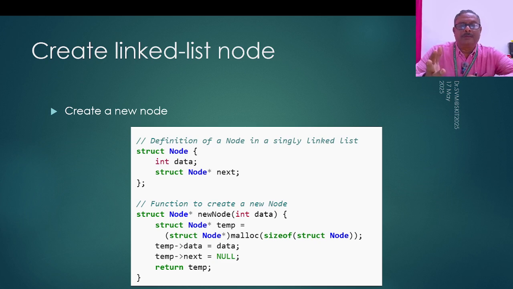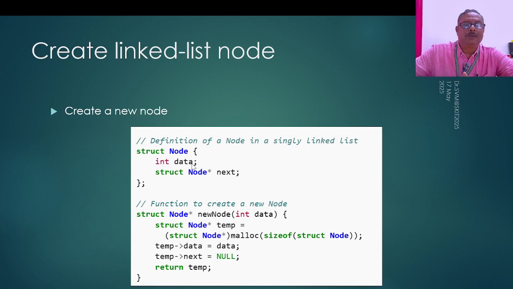Data in C language needs 2 bytes, and an address may use 4 bytes or 8 bytes depending on the type of C and the operating system we are working with. We are not bothered about the size of the address; it is taken care of by this one line, the sizeof structure node.